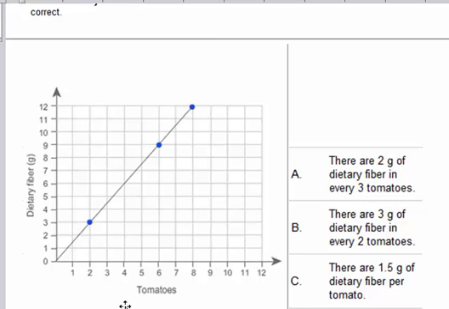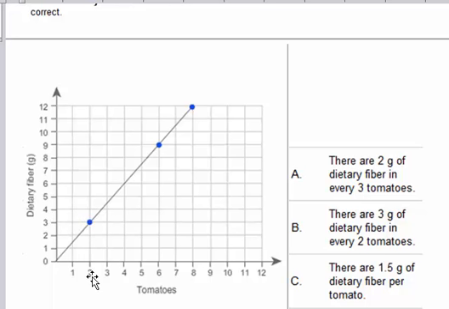So first thing we can do here is look at your axis. So we have tomatoes on the x, dietary fiber in grams on the y. So if I go over for 2 tomatoes, and I go up and see where it crosses the line, I go across, I see that it's at 3 grams.